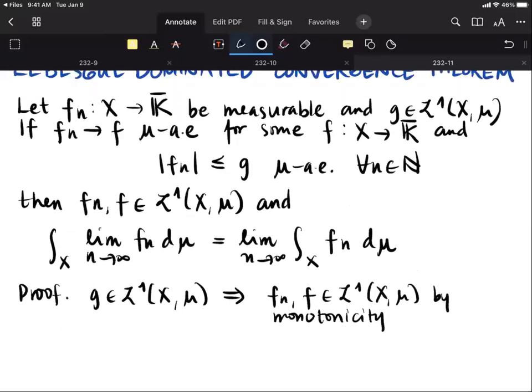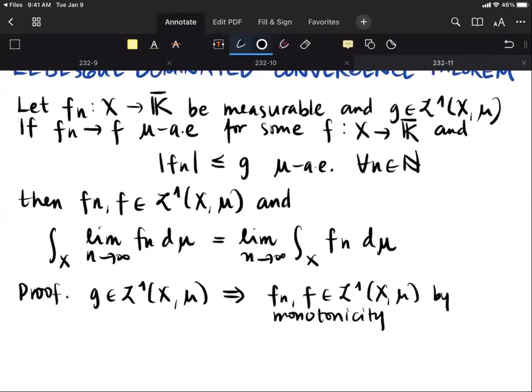Okay, so the first one, f sub n being integrable, follows from this inequality. The second one, well, f being the pointwise limit of measurable functions is also measurable.